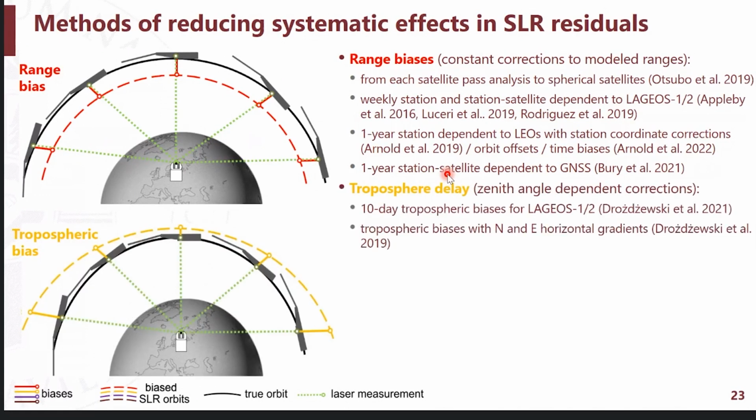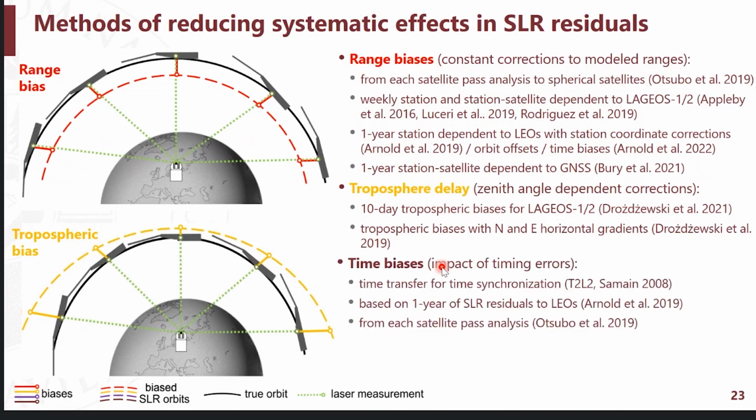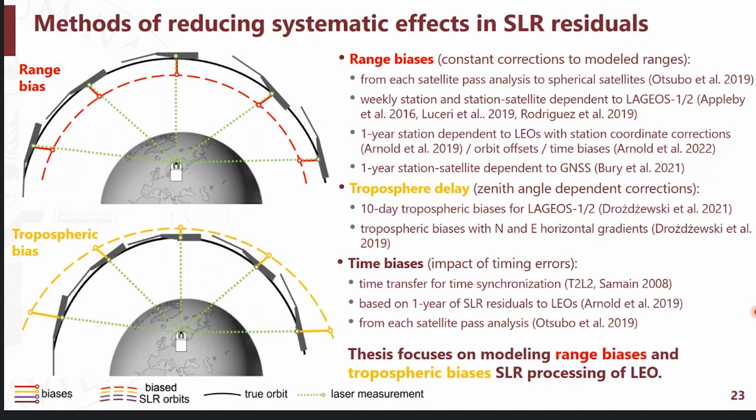Next, we have tropospheric delay modeling, so zenith angle or distance dependent angle correction, which may be 10-day tropospheric biases or tropospheric biases with horizontal gradients, and time biases. So here we minimize the impact of the timing errors also by analyzing, for example, each satellite pass, longer time periods, or the T2L2 experiment. In my work, I focused on the range biases and tropospheric biases in processing.